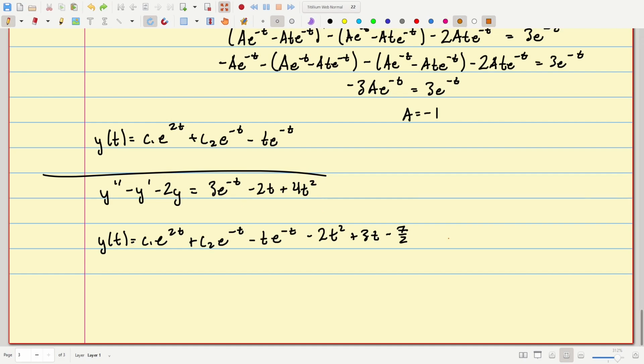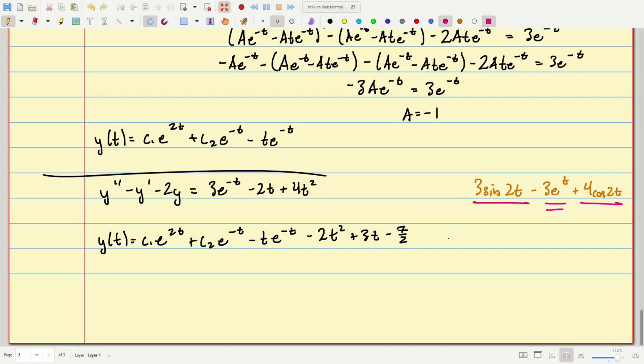So if my right-hand side, for instance, looked like this, I could do this problem and then do this problem and then add the answers together.